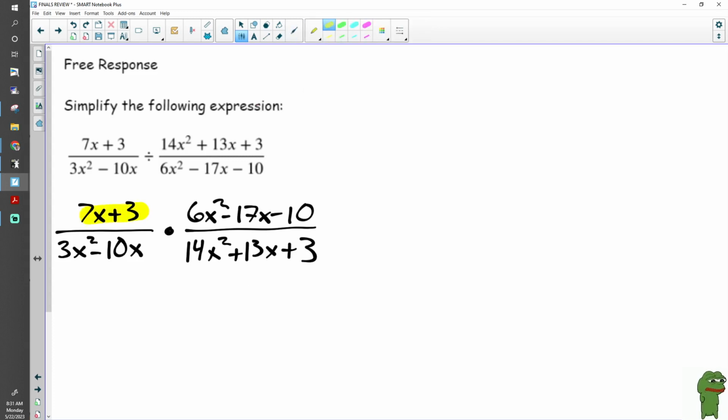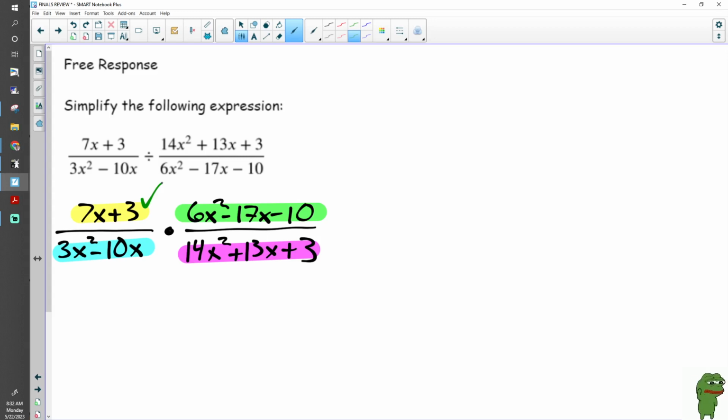So I like to highlight my parts and see which of these are good to go, which of these need to be factored. Out of all 3 of these, only one of them is all done, and that is 7x plus 3. It only has two terms, and there's no greatest common factor. I can't divide out any x's. I can't divide out any numbers. That is all done.